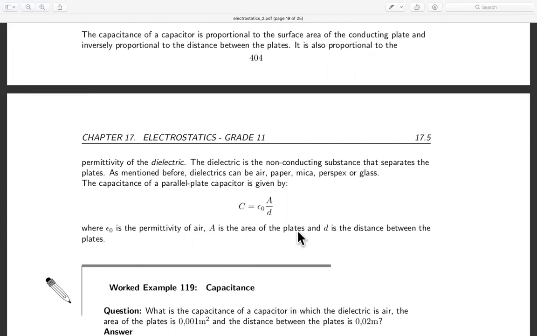A is the area of the plates. The plates are like rectangles, and they have an area. Between the two plates, D is the distance. So C equals epsilon zero times A over D. Okay.